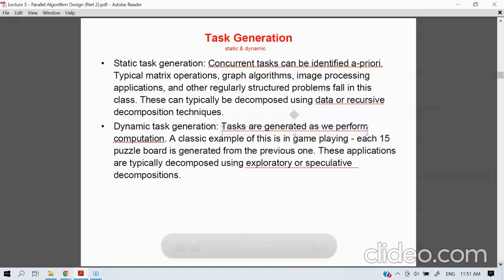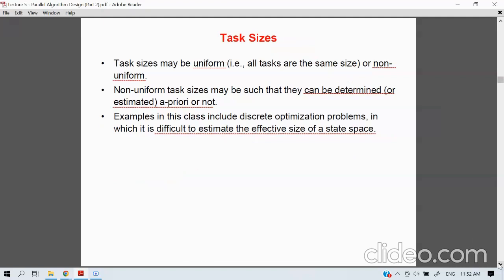We need to know whether the concurrent tasks can be identified or not, so we can choose data, recursive, exploratory or speculative. So we need to know whether the task generation is static or dynamic. We also need to know the sizes of the tasks, then we can choose which technique to use.